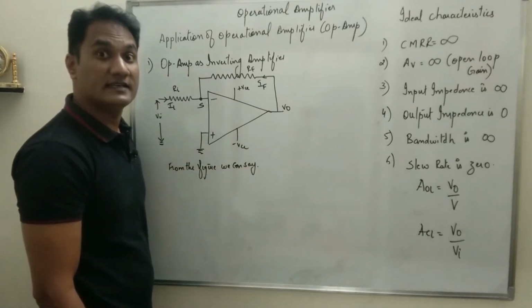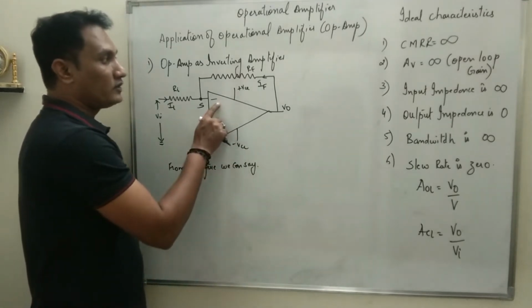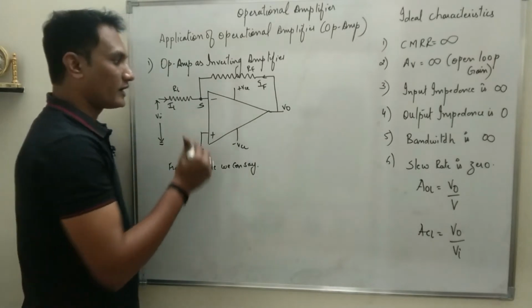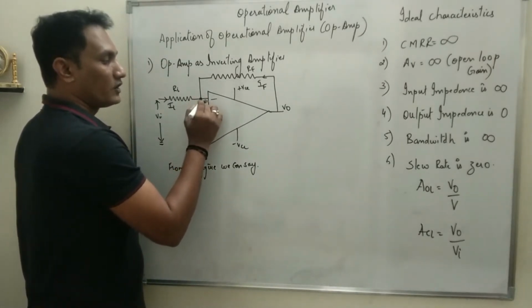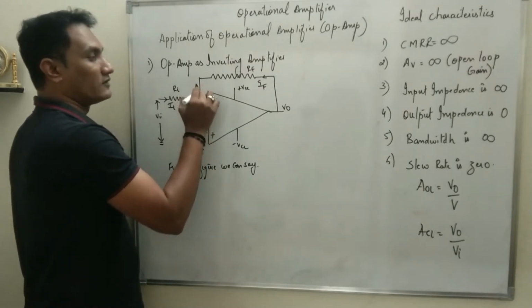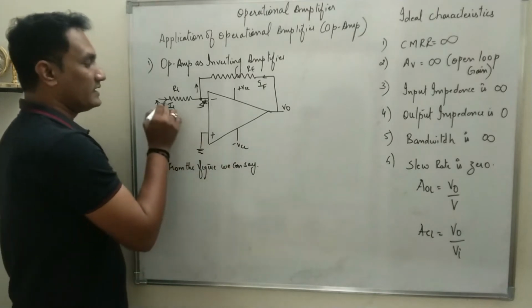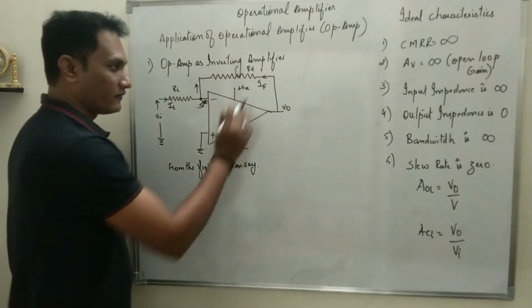Input impedance is infinite. That means resistance offered by the input side of the operational amplifier will be infinite. So no current will flow through the op amp. All the current will flow through the feedback resistance. From the figure we can see that the same I1 is the current which is flowing through the RF, which is IF.